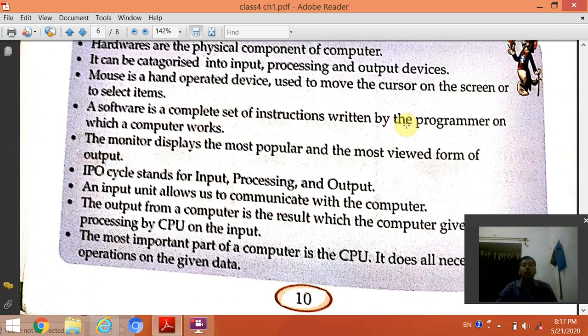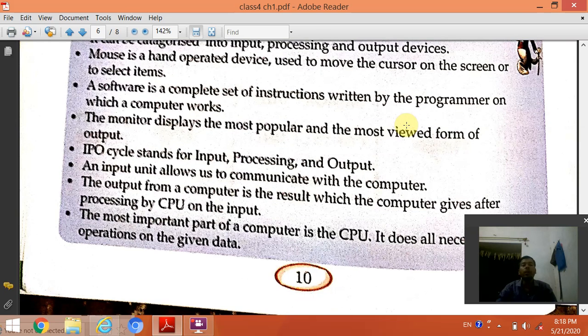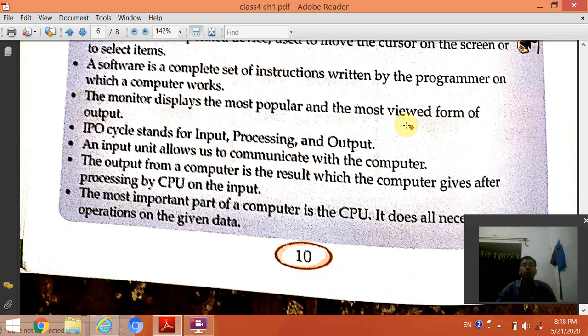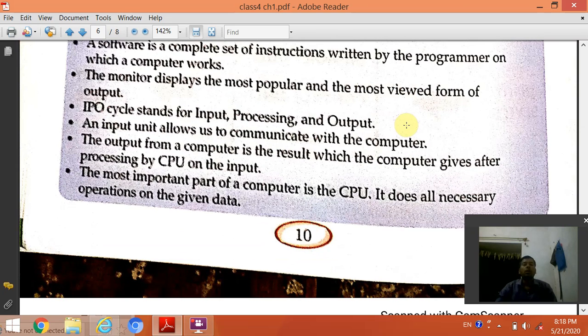Software is a complete set of instructions written by the programmer on which a computer works. The monitor displays the most popular and most viewed form of output.